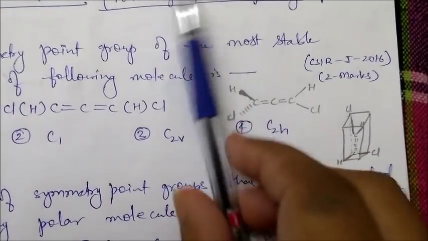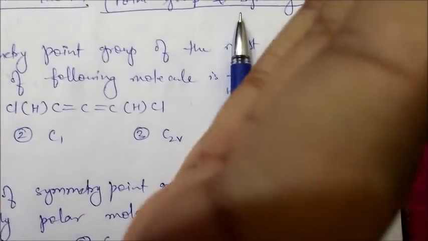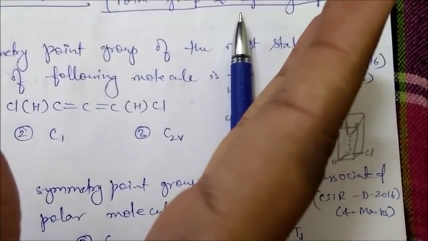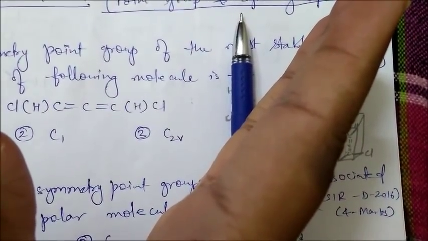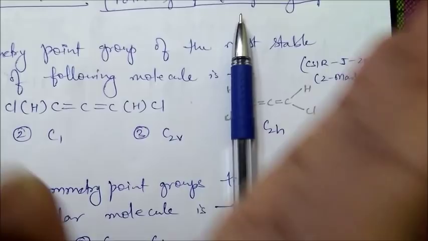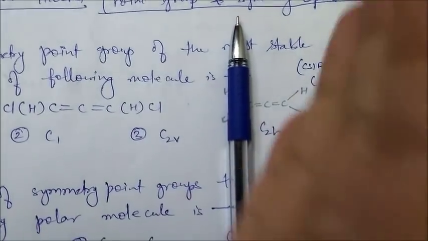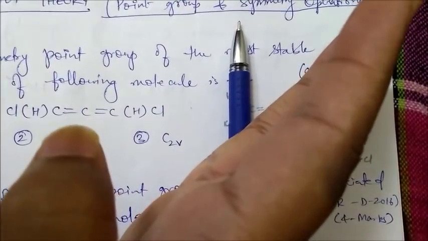If you have a straight line and put a slant mirror like this, you will not get the reflected image straight; the reflected image will be slightly slanted.